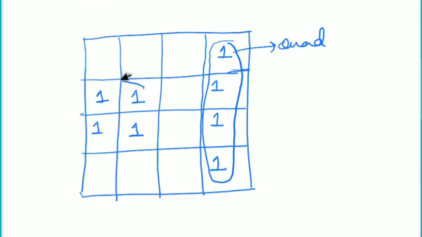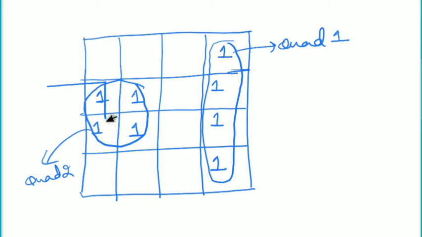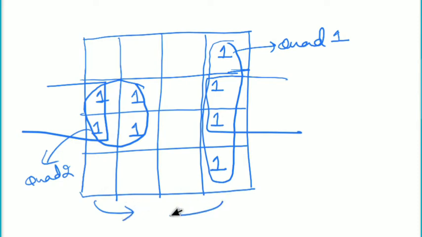So now look at this group of 4. This will also make a quad. So this is quad number 1 and this is quad number 2, and in fact there is a possibility of one more quad. These 2 can make a quad with these 2, because when you fold like this vertically, these 2 will touch.